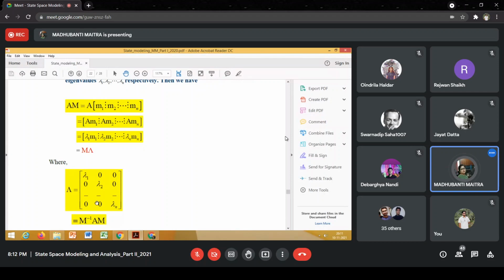So it's a diagonal matrix. This can be written as M, because M is M1, M2, Mn, into this particular diagonal matrix, and the diagonal elements are the eigenvalues of the matrix A.